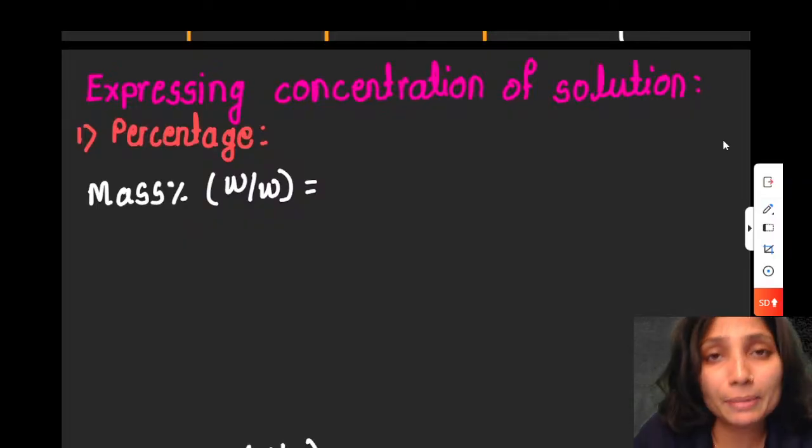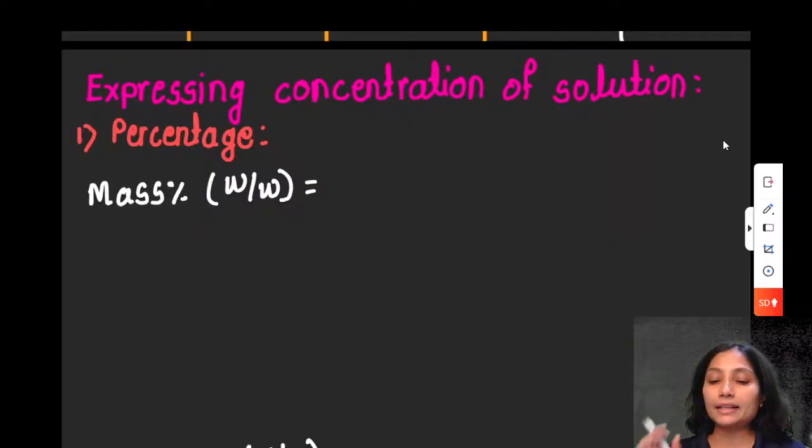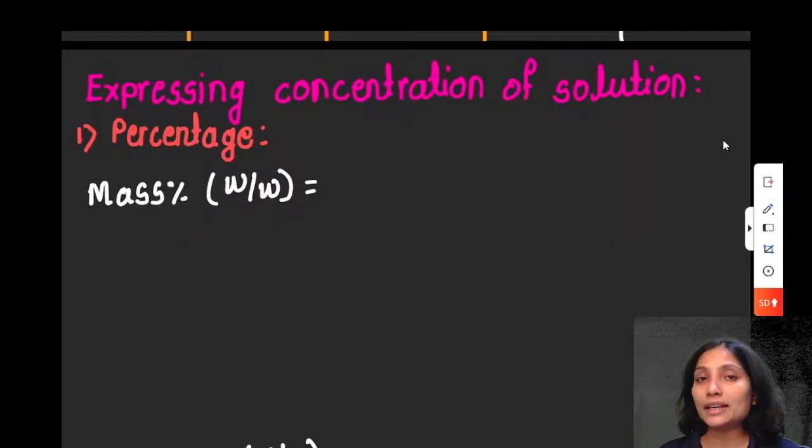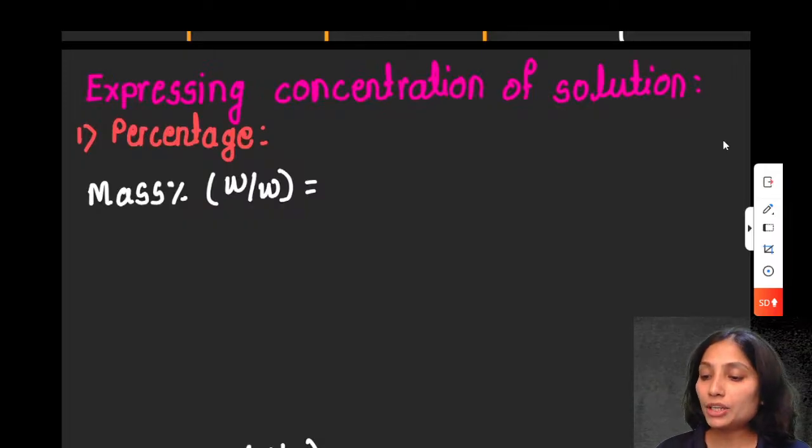It's a very simple one. You have studied this in 9th standard. Mass percentage, as the name indicates, is about mass. We have two components, one is solute, another one is solvent. Together they make the solution, right? So how do we calculate mass percentage?